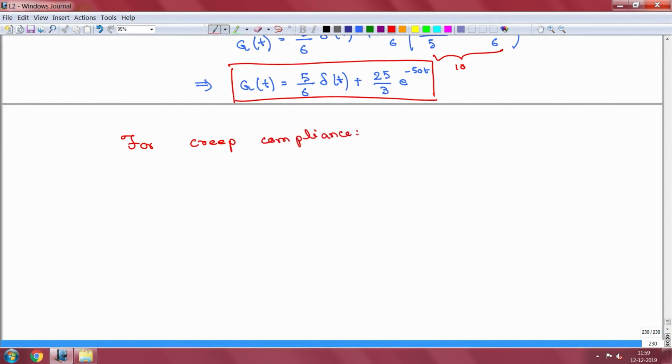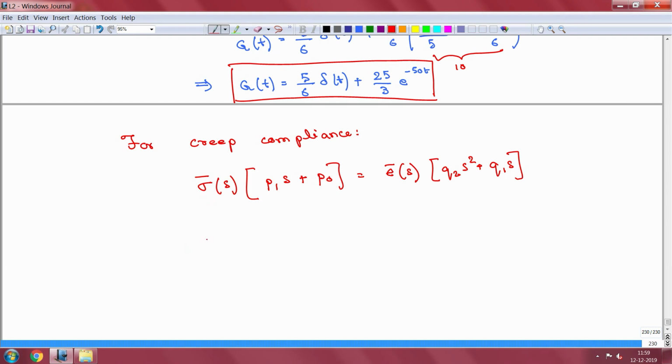the relationship between the original transform equation remains the same, right. So, it is P1 s plus P0, and on this side you have epsilon bar(s) times Q2 s square plus Q1 s, right. And for creep compliance, now the quantity that is known is the Laplace transform of sigma bar, or the Laplace transform of the stress function.